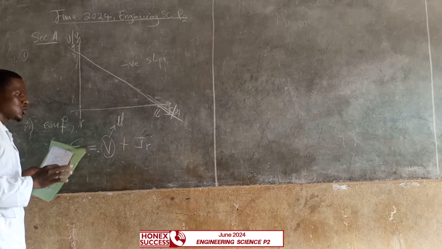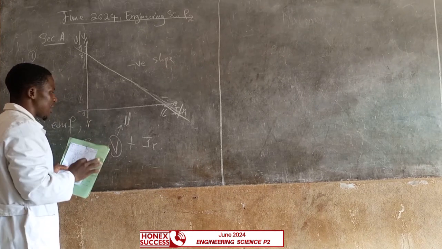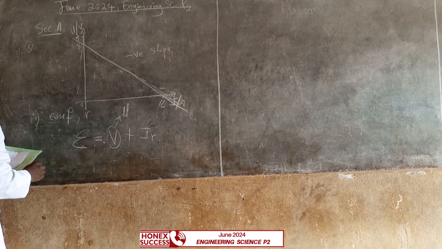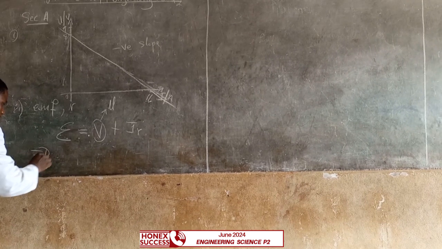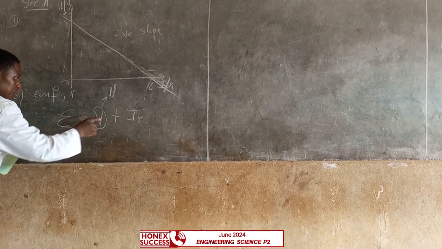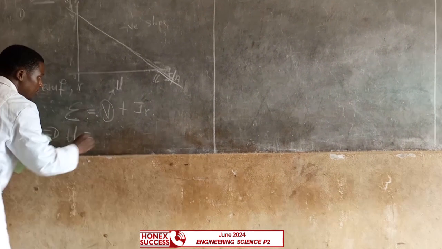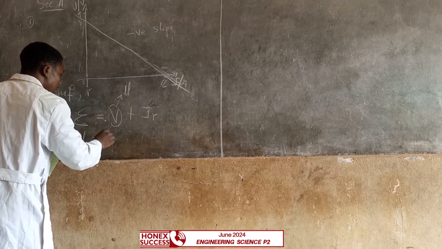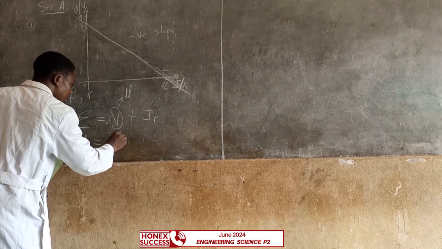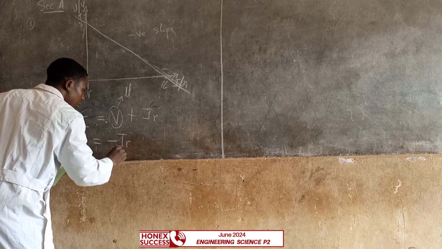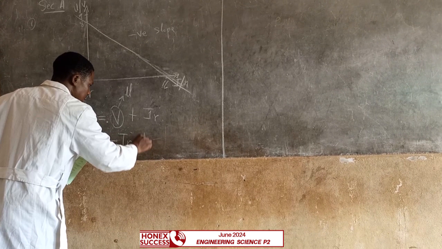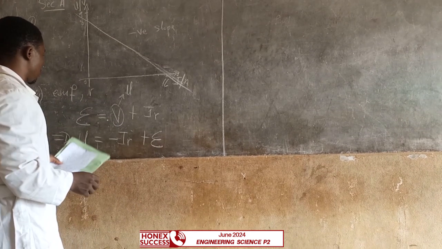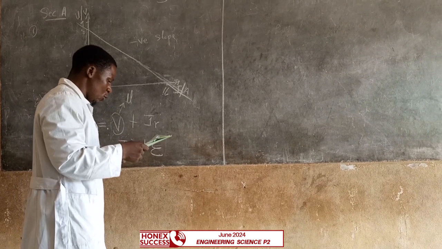So we need to adjust this equation by making U the subject of the formula, which gives U equals negative current times the internal resistance plus the electromotive force, which is the EMF.